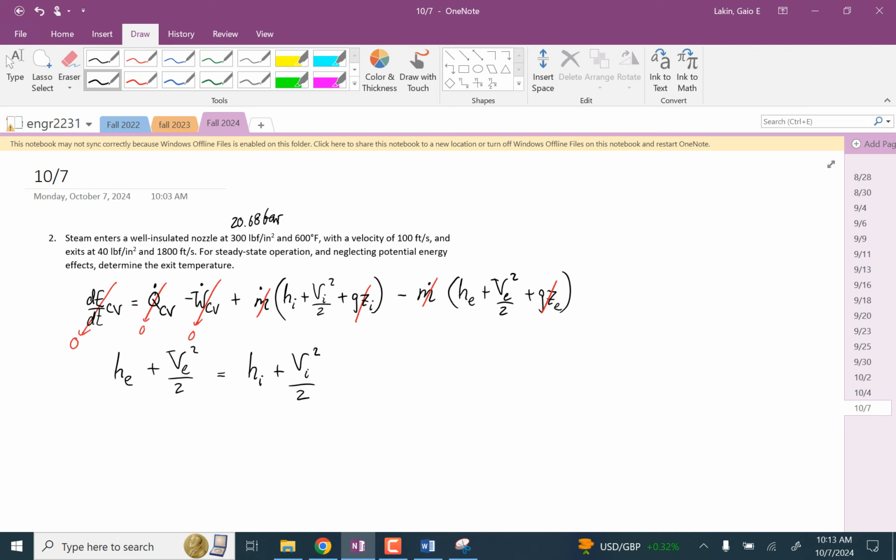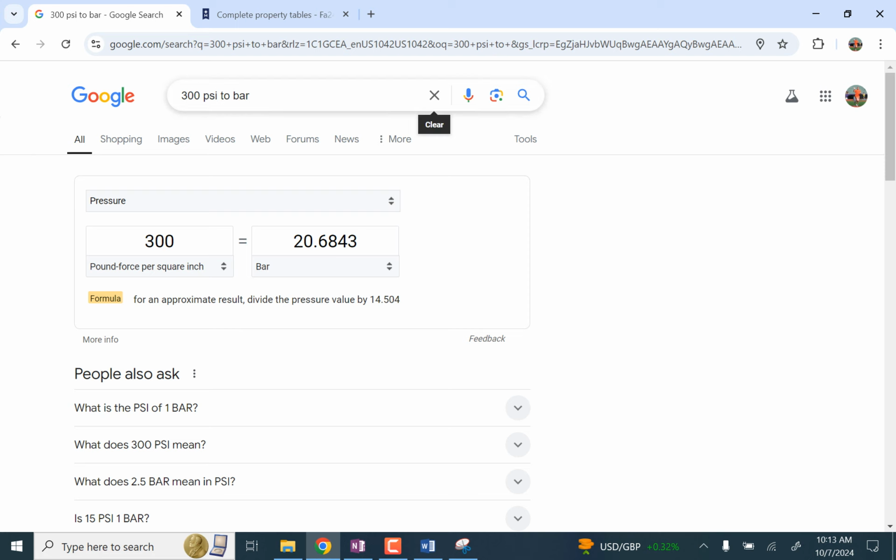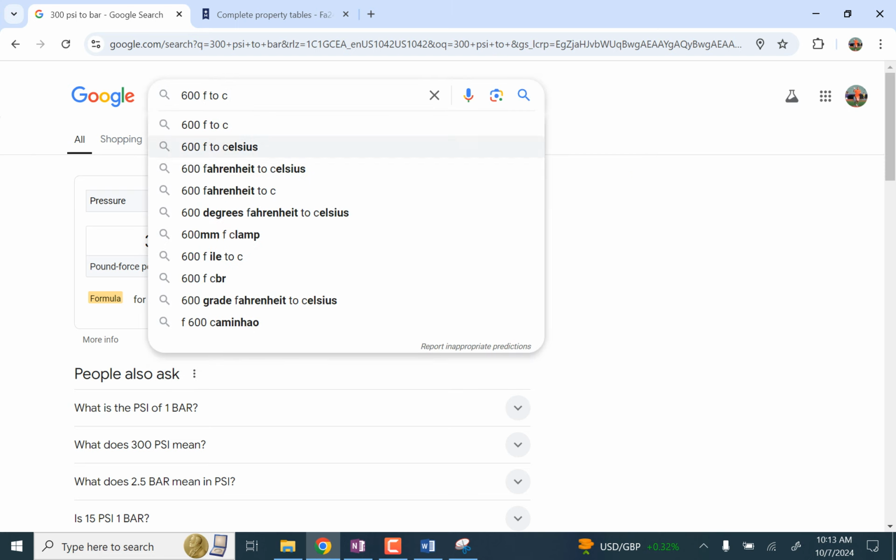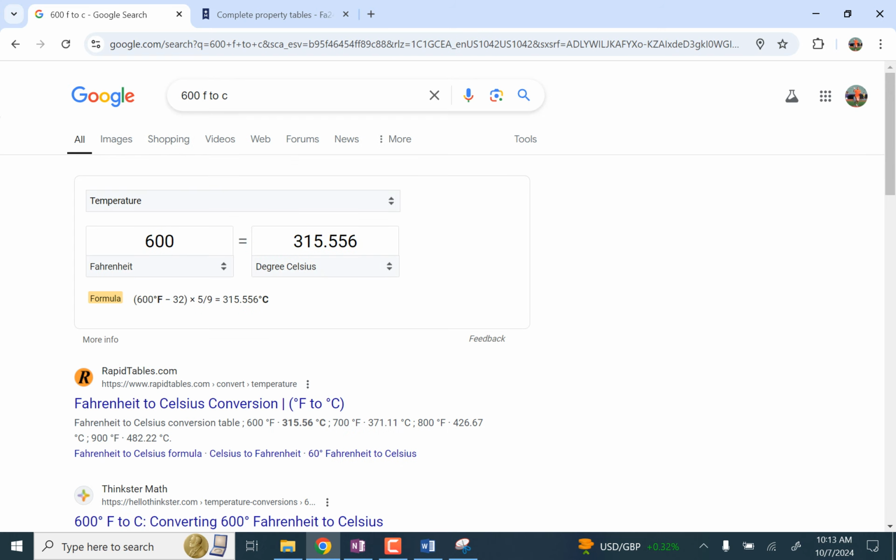And then 600 Fahrenheit is 315.6 Celsius.